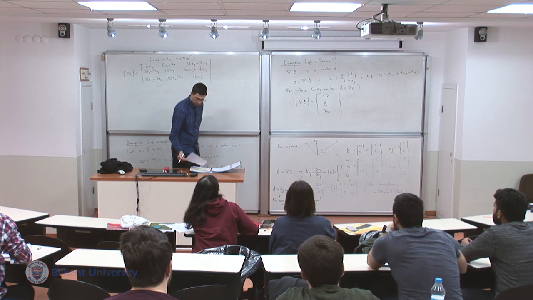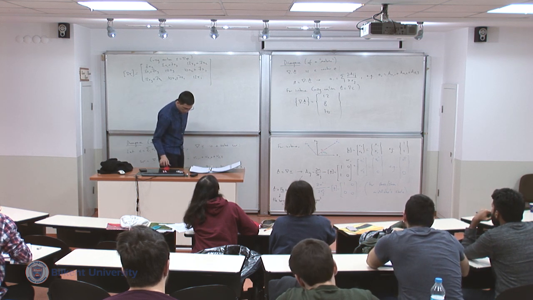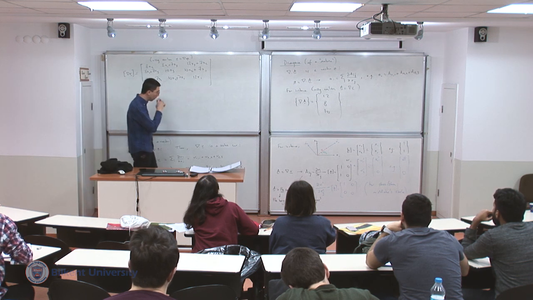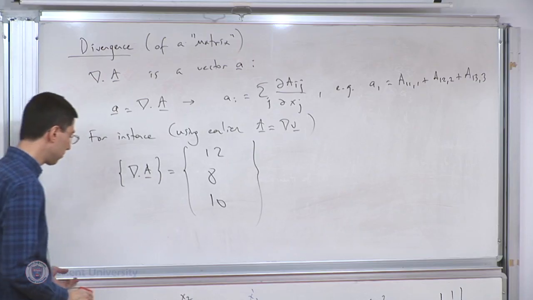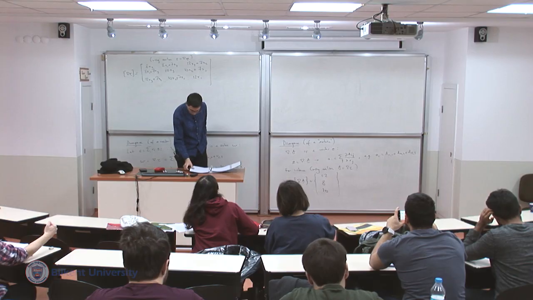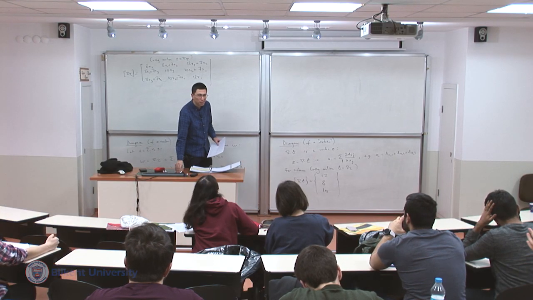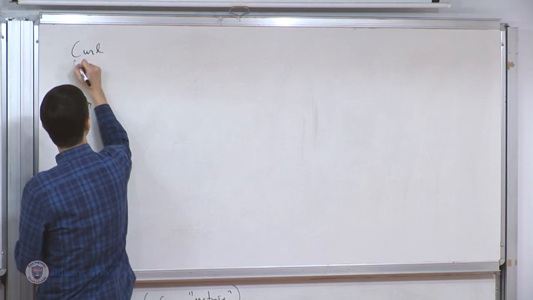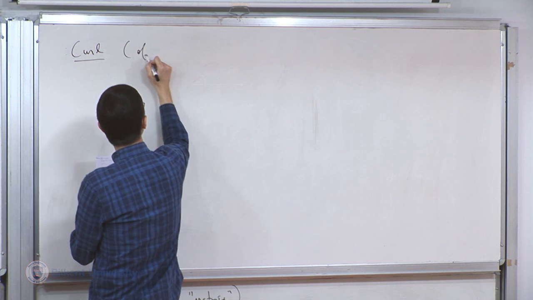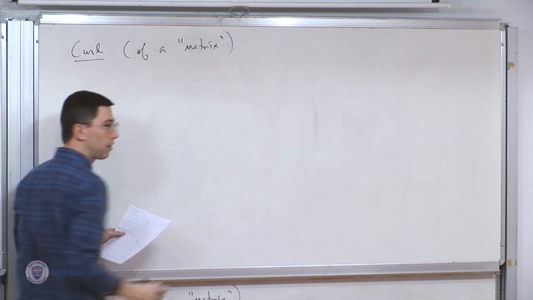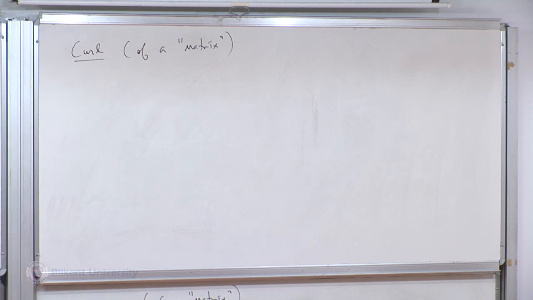And we can finish up with the curl of the matrix. Among these, I find the curl of the matrix to be the messiest one. The other ones are relatively neat, but we will need the curl of a matrix, and therefore this is very important.